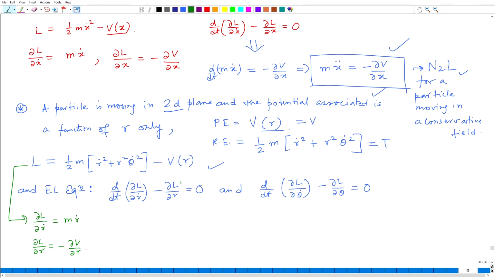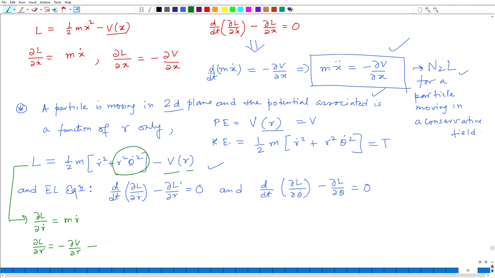Okay. But is this all? No. Now you say we are overlooking something. The kinetic term will give you a non-zero contribution for del L del r.